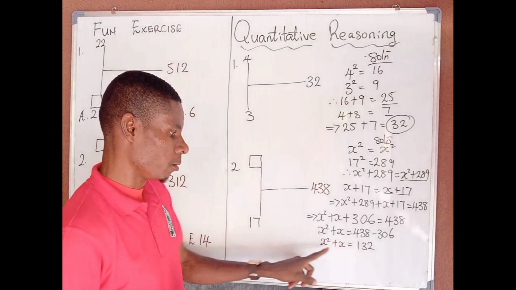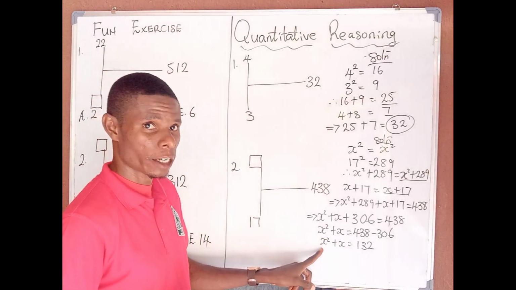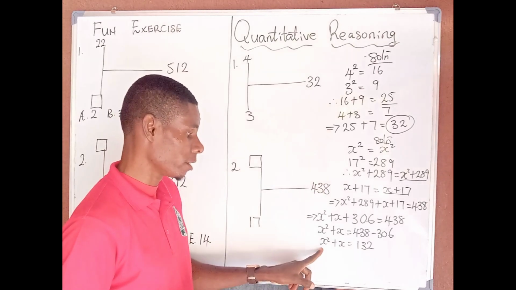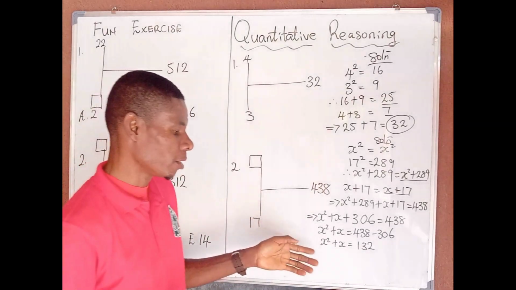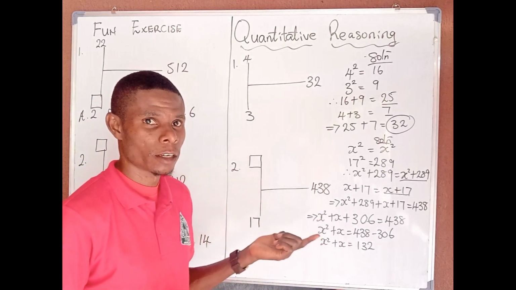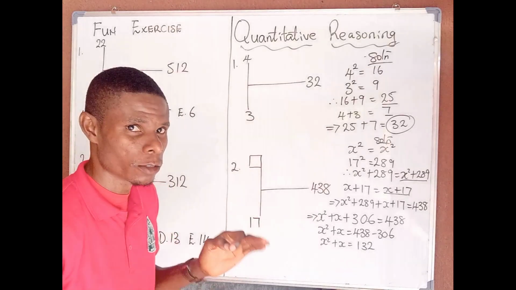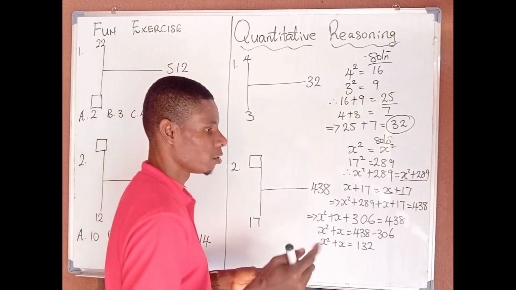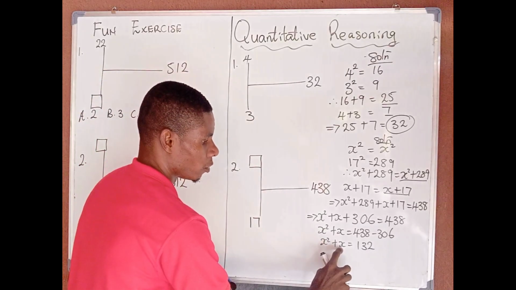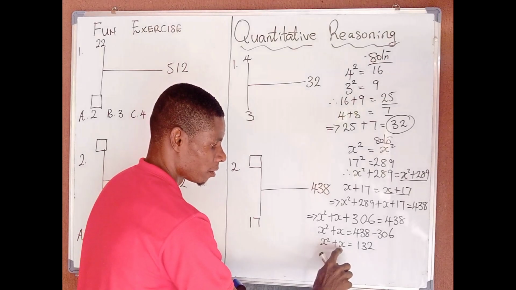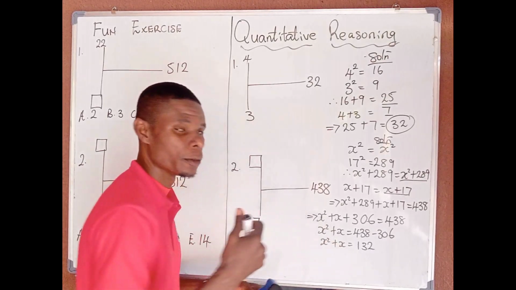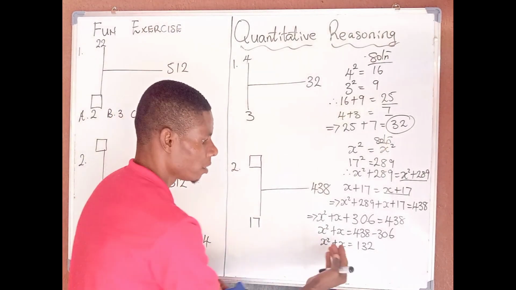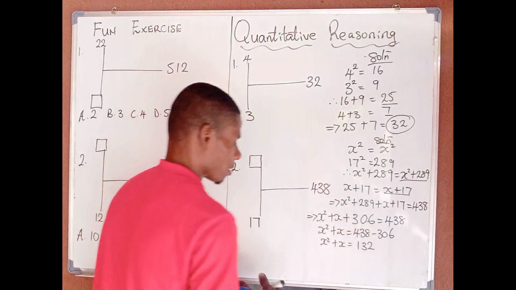This type of equation is called quadratic equation because the highest power of the unknown here is 2, all right? So there are different methods for solving quadratic equation, but for the sake of time, we are going to use completing the square method. In completing the square method, we say the coefficient of x, we need to half it, and after halving it, we square it, add it to the left-hand side and to the right-hand side.